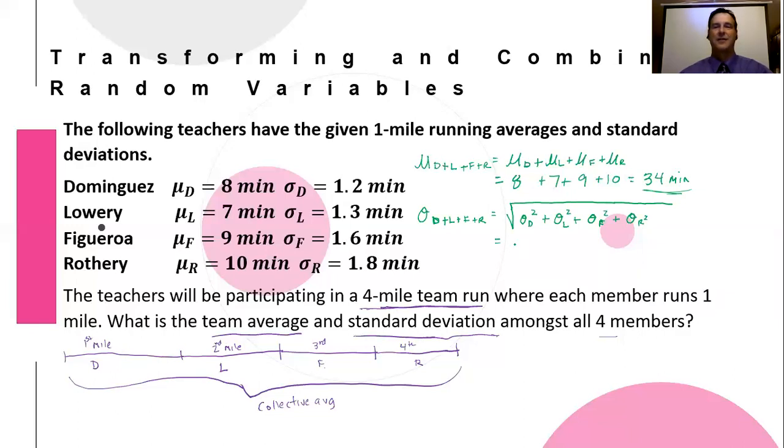Since we were given this information, we'll take this 1.2 and square it. Then we'll take 1.3 and square it. Then we'll take 1.6, these are all the standard deviations I have here, and square it. And we'll take 1.8 and square it. So I'll do that as well: 1.2 squared plus 1.3 squared plus 1.6 squared plus 1.8 squared.